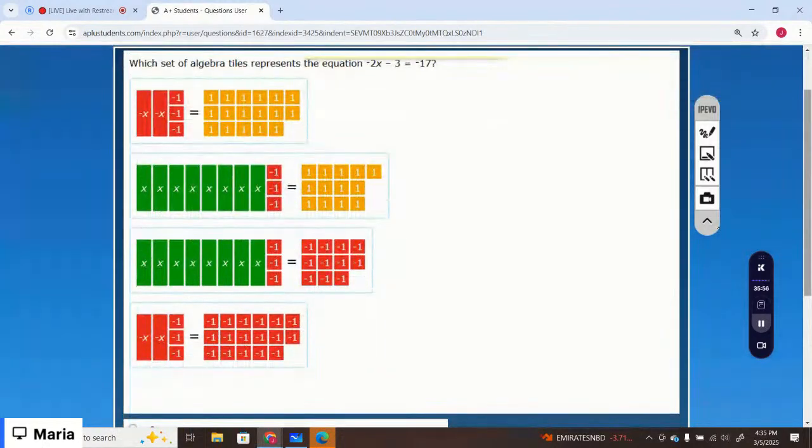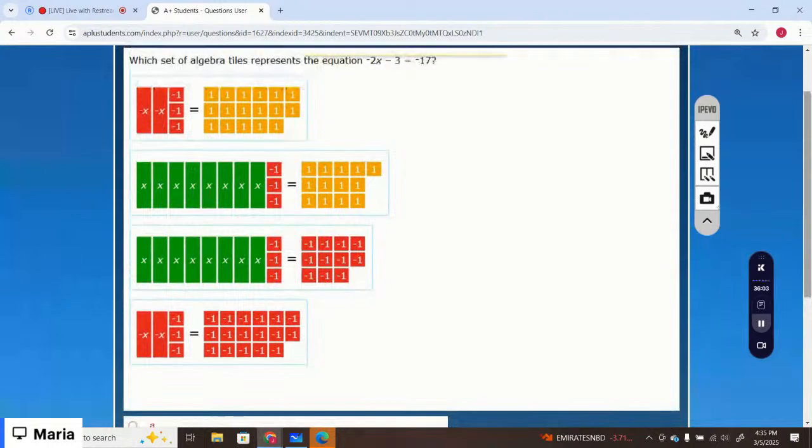Which set of algebra tiles represents the equation -2x minus 3 equals -17? So which is the correct option? Option D is the correct option.